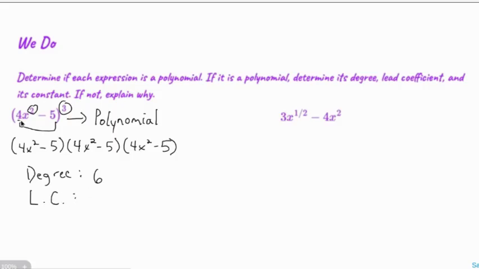The lead coefficient, take your 4, take it to the third power. 4 to the third power, that is 64. And then we would have the constant, same idea. Take the negative 5 and take it to the third power, which is negative 125. So just be careful with those. And then here, this is not a polynomial.